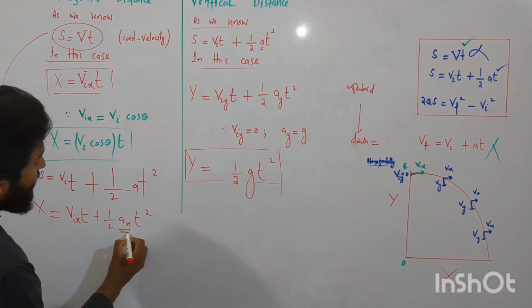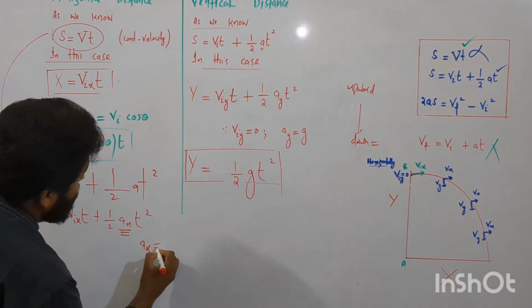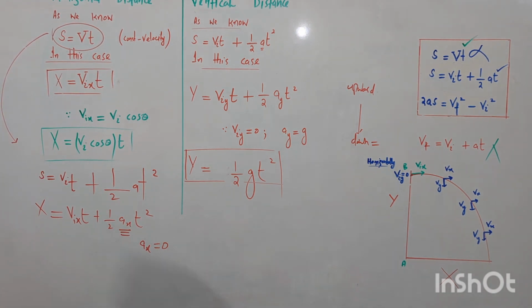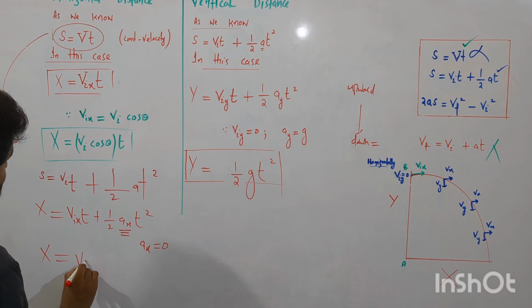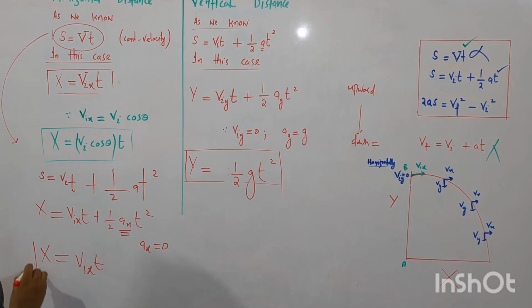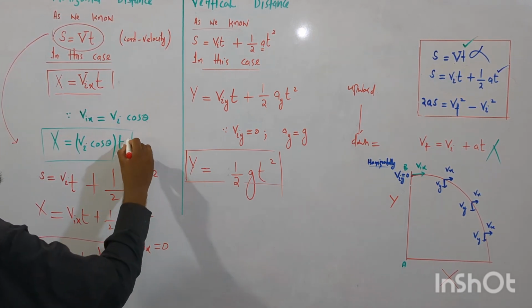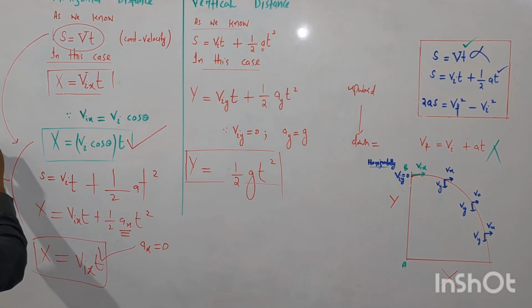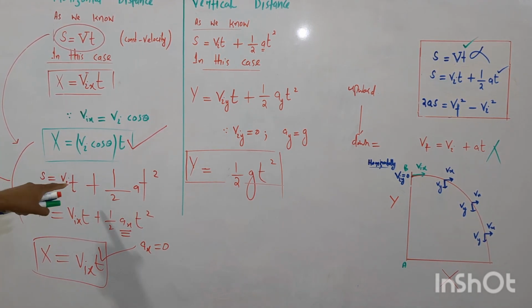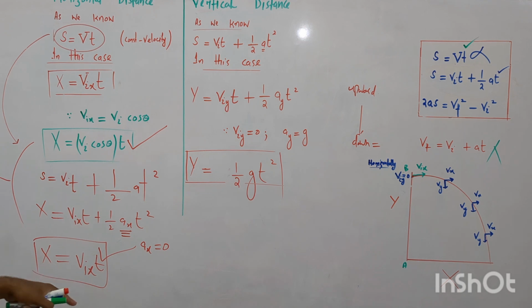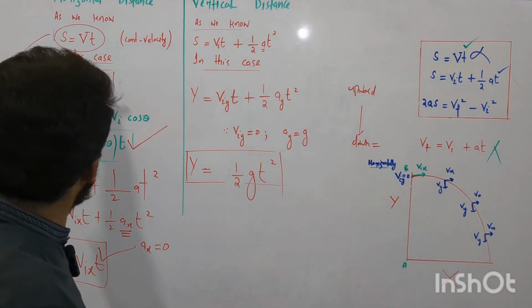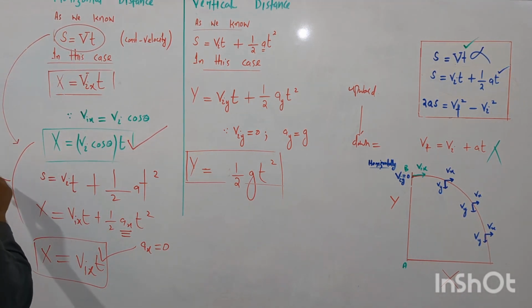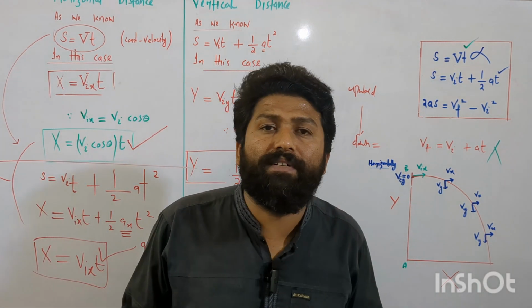You know that ax is always 0 by Newton's law, as we have discussed. So x is equal to Vx t. So this and this are the same. You can apply either equation; this is the difference that exists between them.